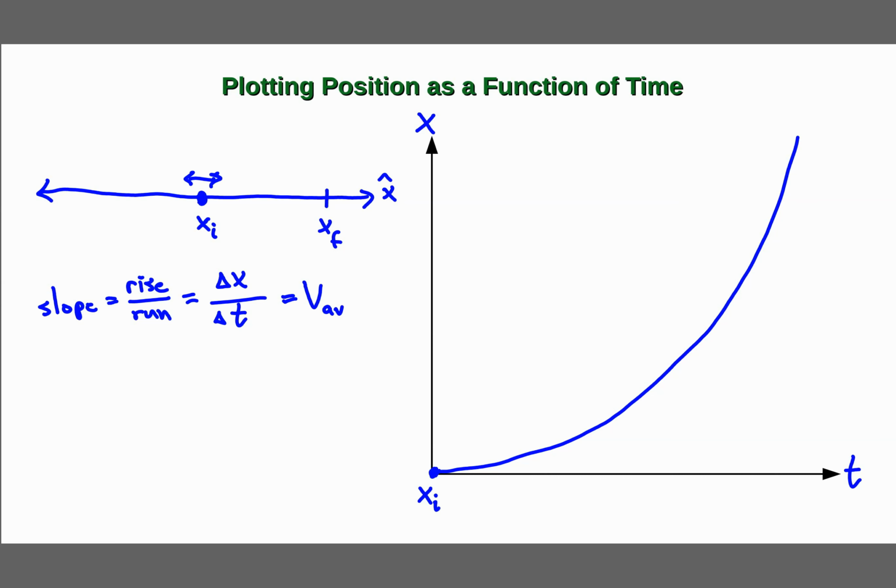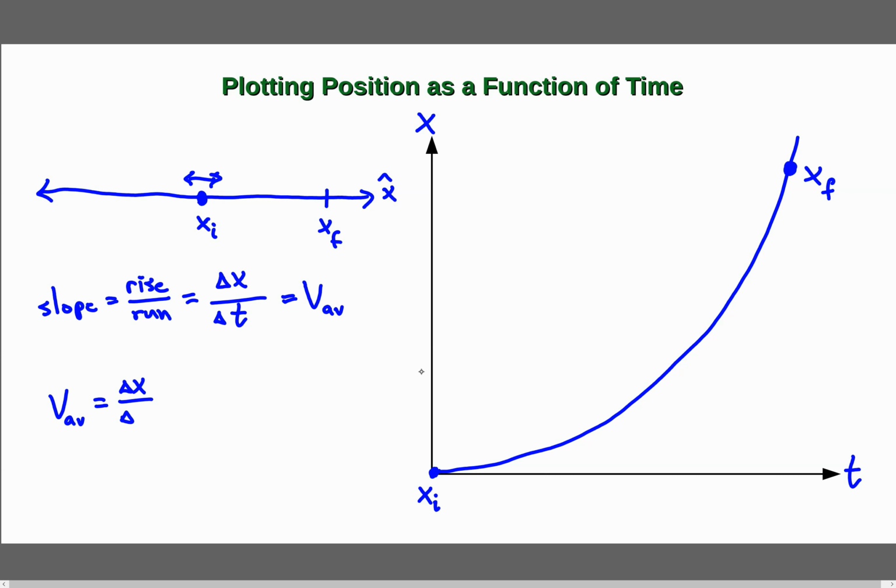If we calculate the average velocity, so you can imagine that at some point along the way we're here, and let's call that x final. If we calculate the average velocity, we know that we'll have delta x over delta t.